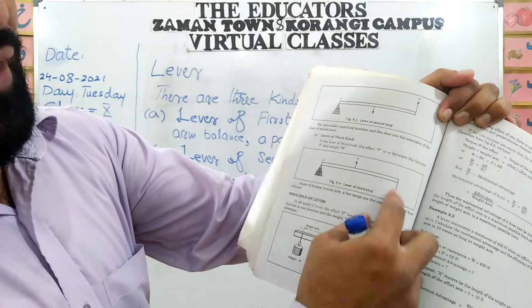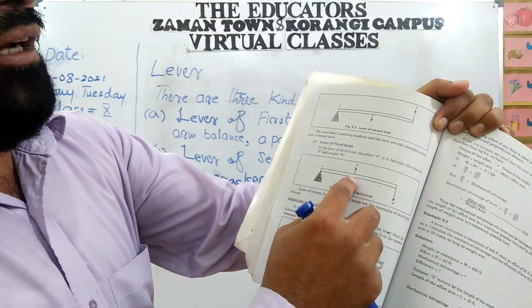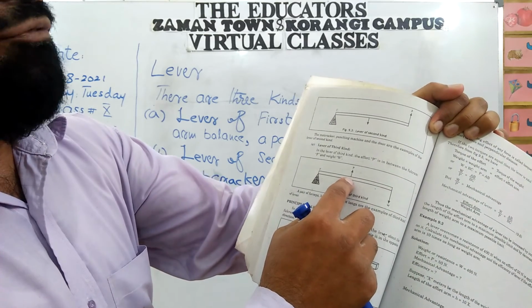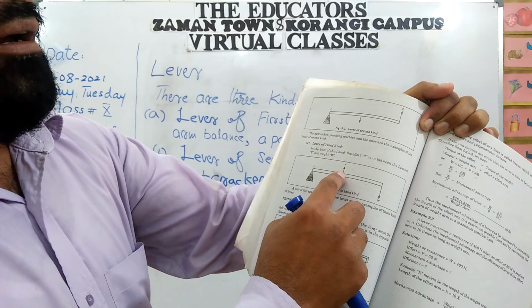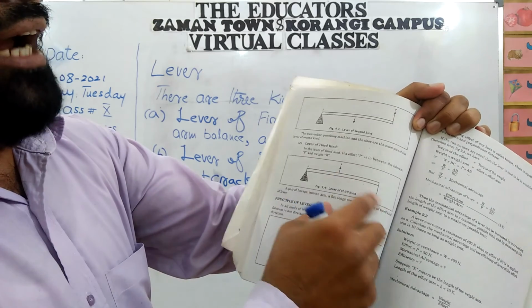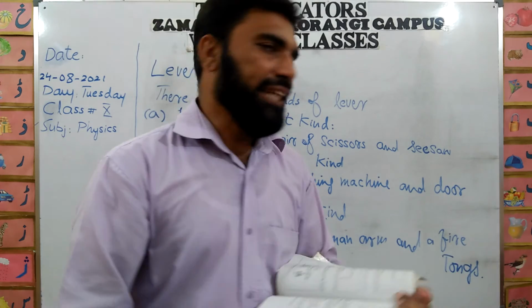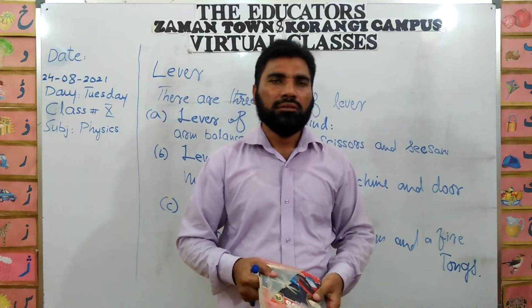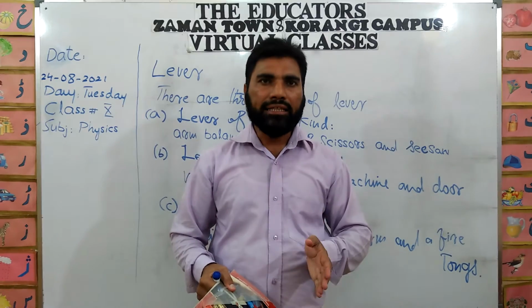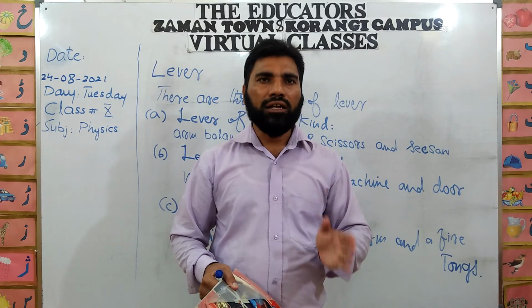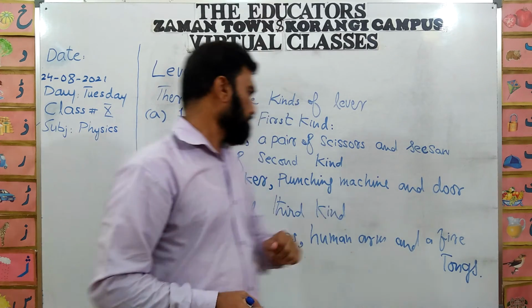This is the weight. You apply the effort in the middle of the lever, and it lifts the weight at the end. So in the third kind of lever, the effort lies between the fulcrum and the weight.